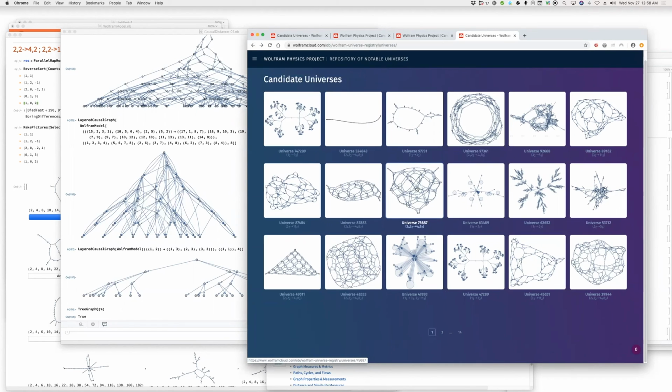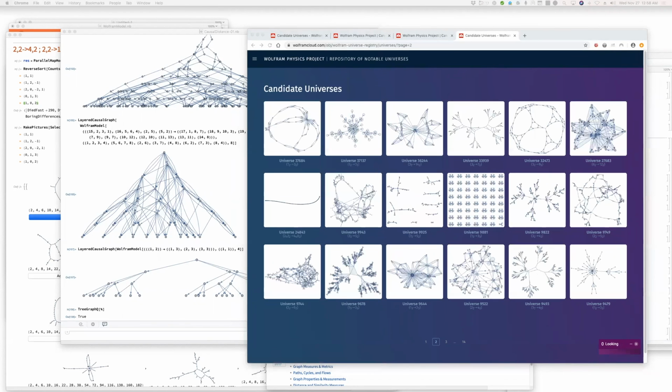Which one should we look at here? What is going on with the cloud? We can try the one that has disconnected pieces.